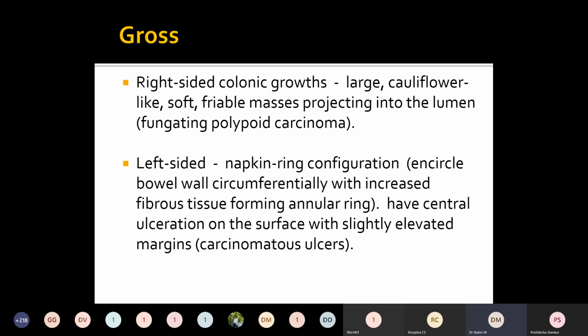But when we come to the left side, the rectum, descending colon, and the splenic flexure, these are more of a napkin ring configuration, or they grow circumferentially, ulcerating and narrowing. We call these carcinomatous ulcers. So the right side is polypoid, the left side is constricting, or napkin ring, with carcinomatous ulcers.